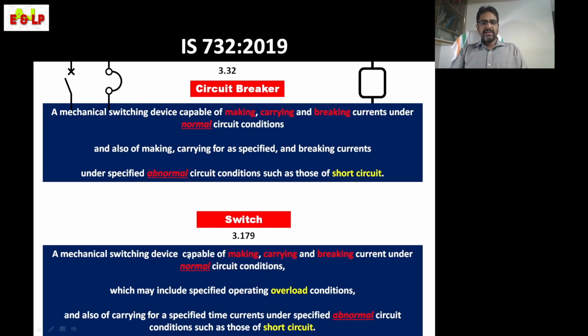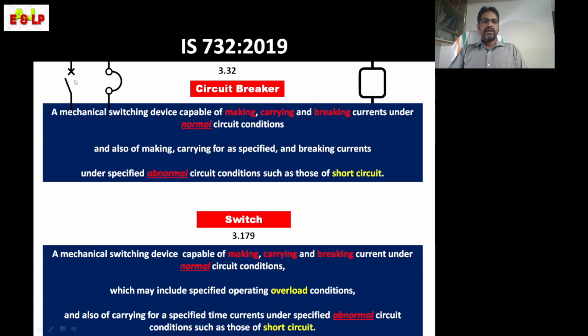See here, a mechanical switching device capable of making, carrying and breaking normal currents. That is common. But for the overload, which may include specified operating overload conditions, and also carrying for a specified time currents under specified abnormal circuit conditions such as those of short circuit, both have somewhat similar definitions, but still there are some differences which will be discussed later.